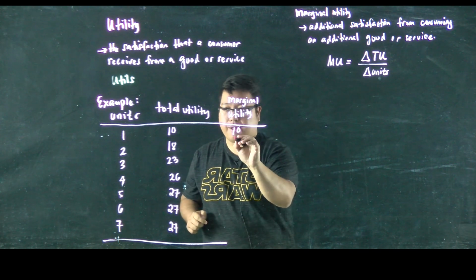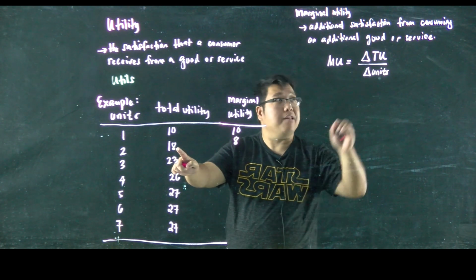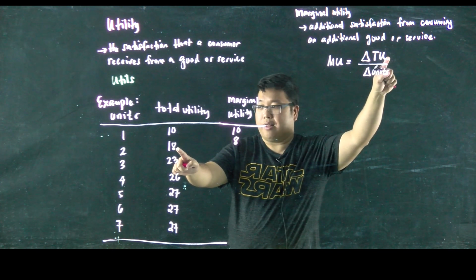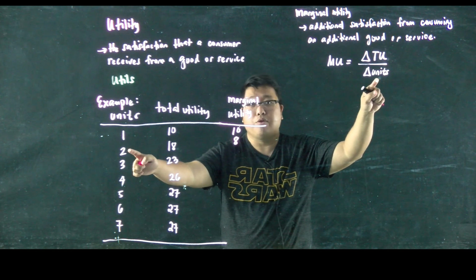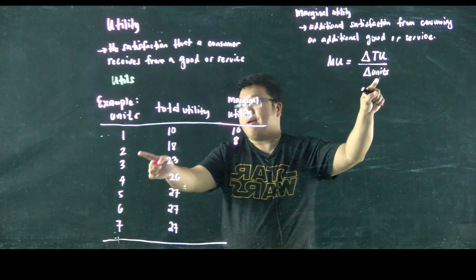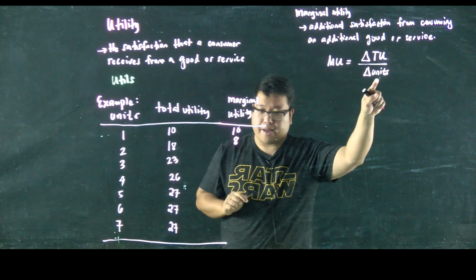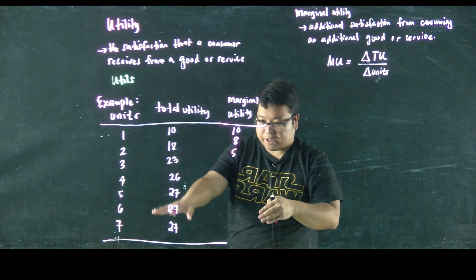So here we write 8. Similarly, 23 minus 18, which is your change in total utility, divided by your change in the number of units. You have 3 minus 2, you have 1. So it's going to be 23 minus 18 divided by 3 minus 2. And what you get here is 5. And we can repeat the same exercise for the rest of these goods.